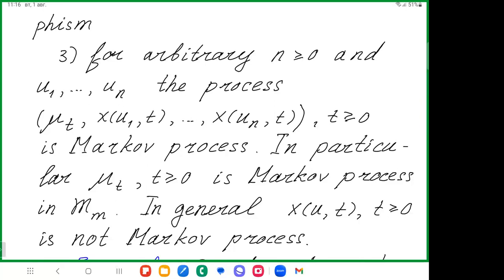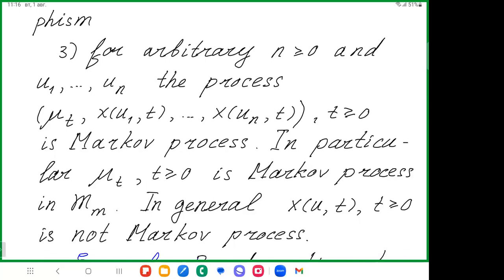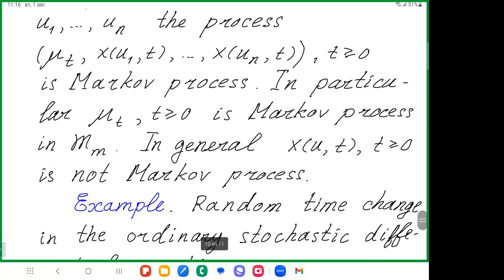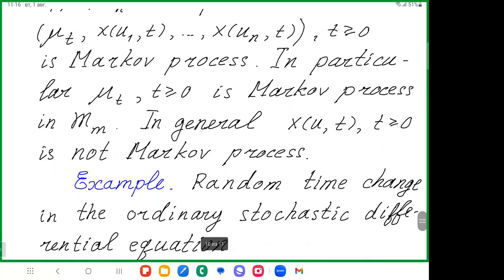We have a slightly complicated object with new features, and it looks like we have to build new intuition about this object. But let me give you an interesting example of how one can build an equation with interaction from the usual ordinary stochastic differential equation. Let us use the random time change procedure.